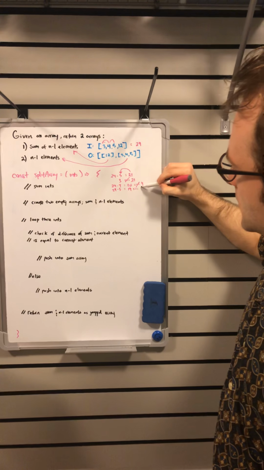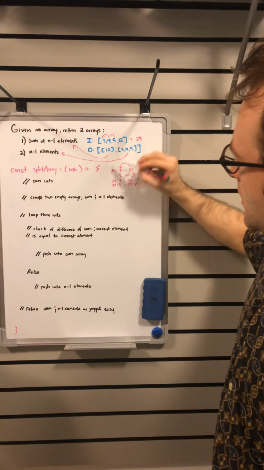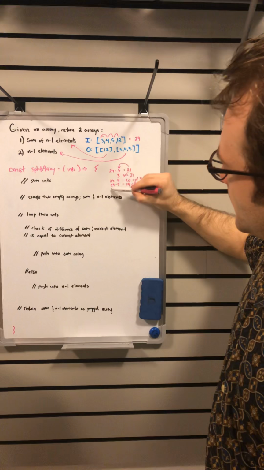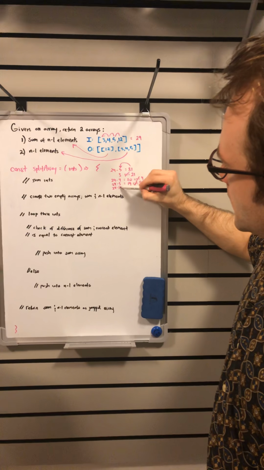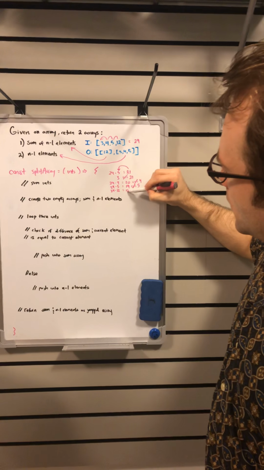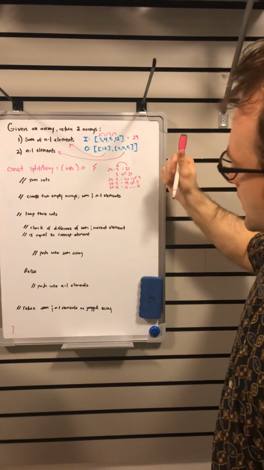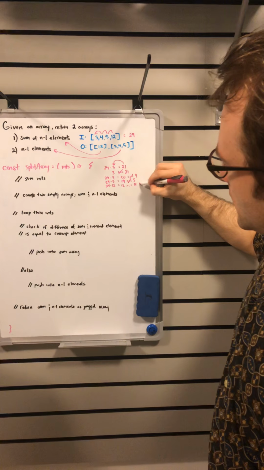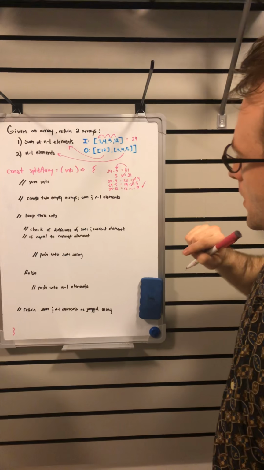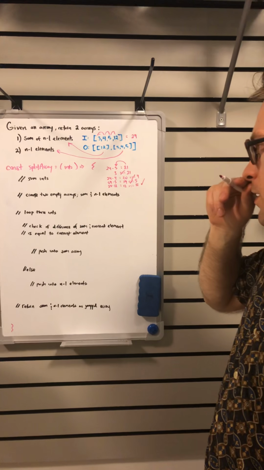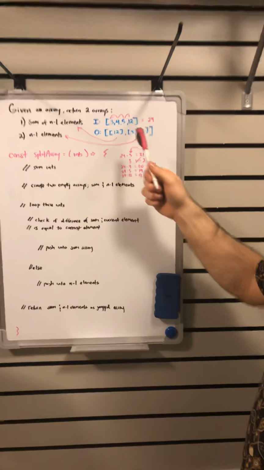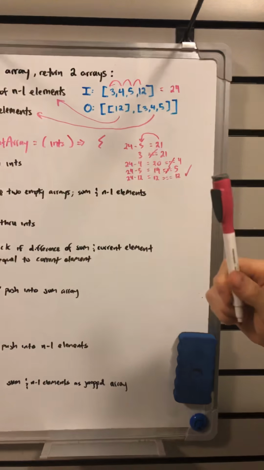Is 19 equal to 5? Nay. We move to 12. 24 minus 12. Is 12 equal to 12? Yes, it is. Check. So this is how we would find the sum element.